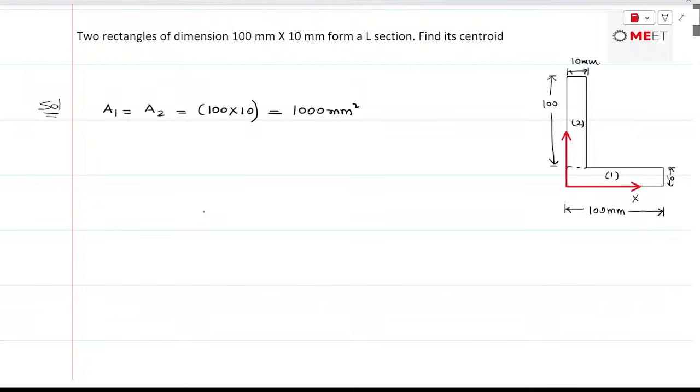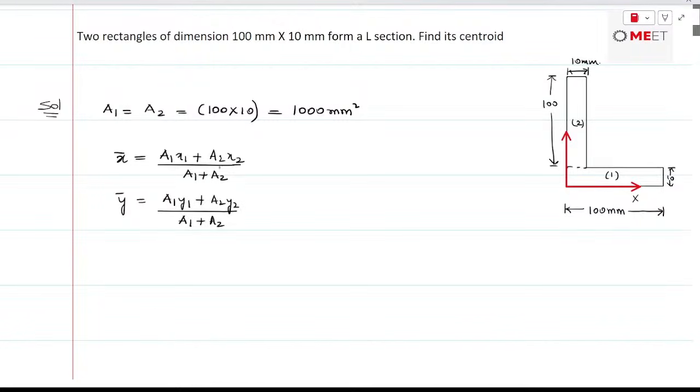Now the centroid is required with respect to the x as well as the y axis. The formula of the centroid is x bar equals a1 x1 plus a2 x2 divided by a1 plus a2. Next is y bar, that is a1 y1 plus a2 y2 divided by a1 plus a2.